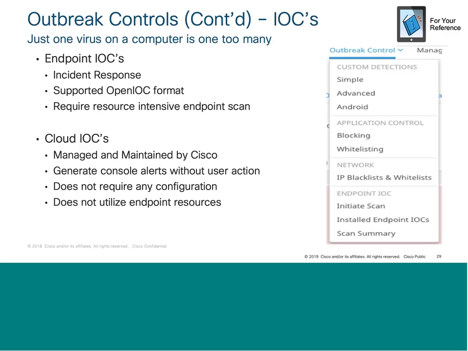AMP for Endpoints gathers endpoint telemetry by looking at active data connections on the network, by looking at file move, copy, and execute operations, and by looking at what is happening to protected applications in memory. Dormant applications, dormant files on the operating system are not scanned and action is not taken on them unless it's through a retrospective action. And that retrospection only works for 7 days after that file gets on the endpoint.